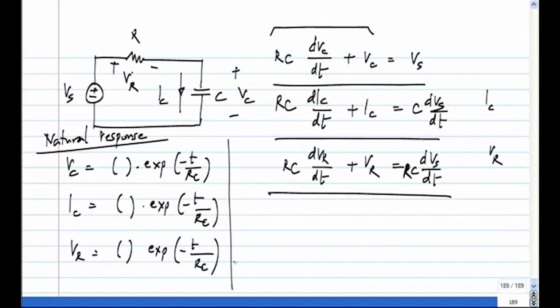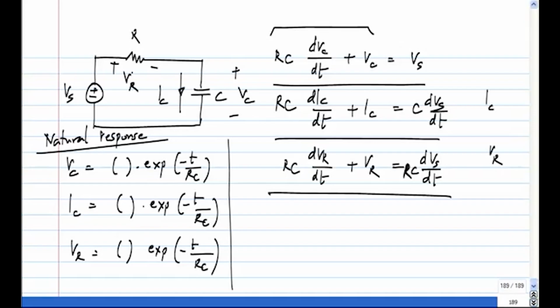Just like we have one time constant here, for higher order equations you will have multiple time constants and multiple exponentials. So, the natural response of any variable in the circuit, whether it's any current or voltage, will be exactly the same. If I had asked you for the current in this loop or the voltage across the resistor, you don't have to solve for the circuit again. The solution will be in exactly the same form.